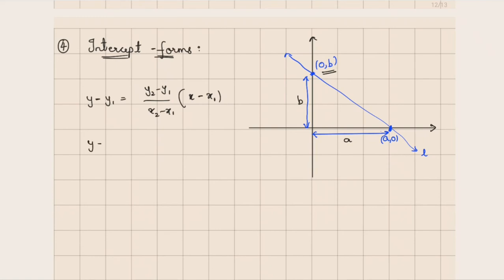That implies y minus 0 equal to y2 minus y1. This is x1 comma y1. I am substituting in the 2-point form. This is x2 comma y2.